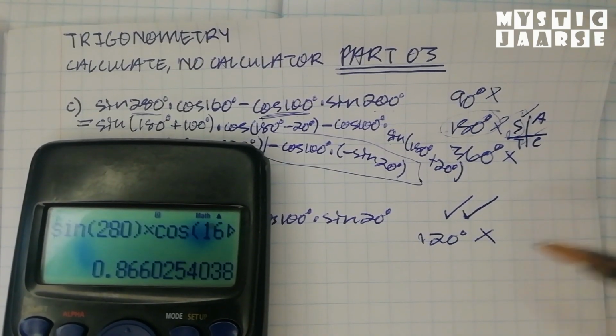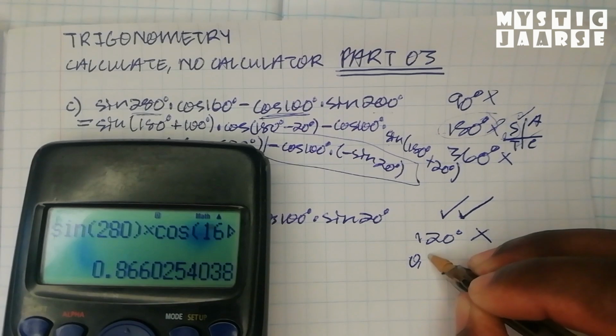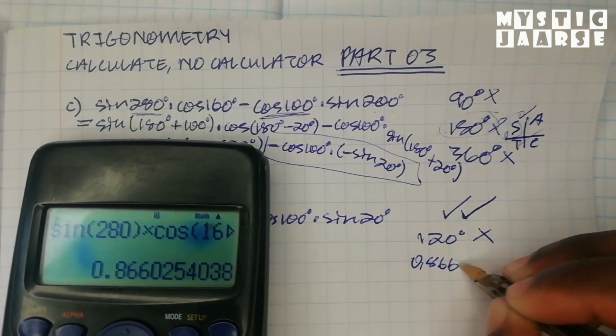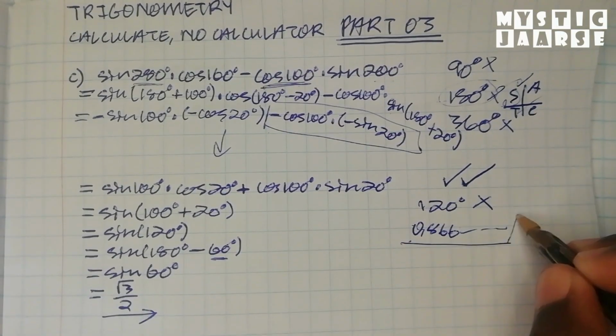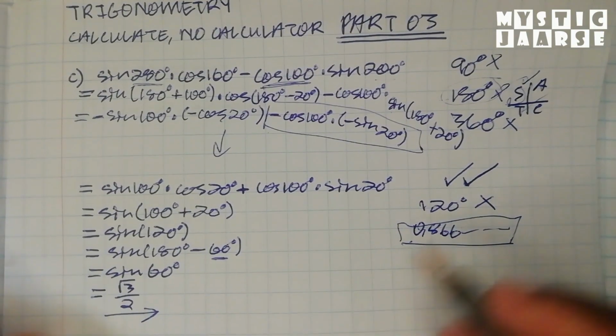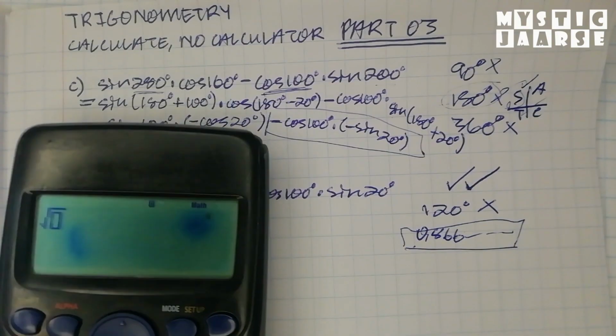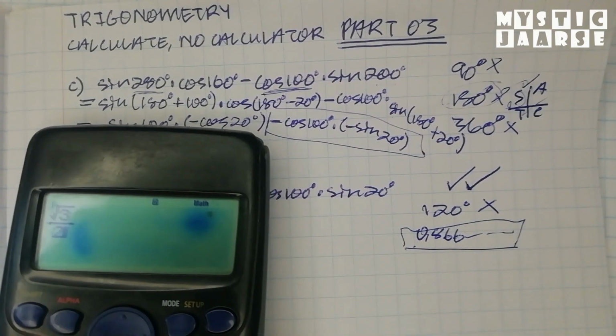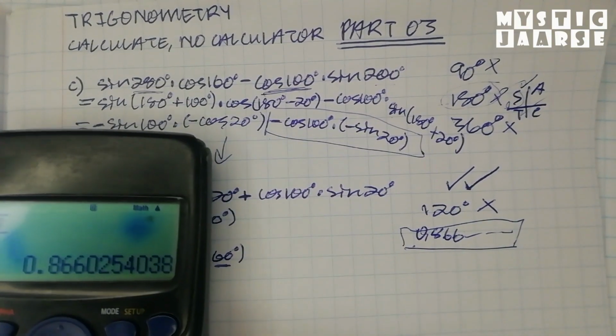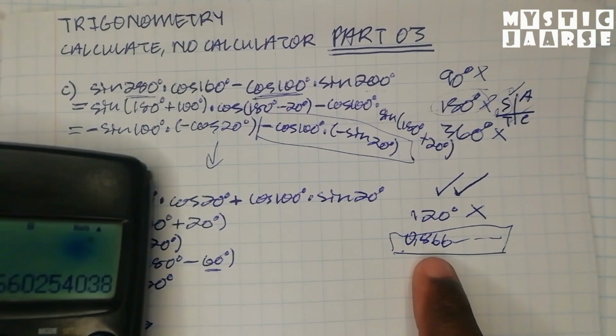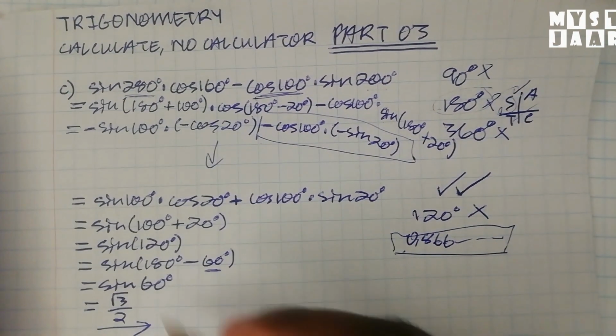The answer that we get is 0,866 and so on. You shouldn't panic when your final answer doesn't look like the answer that you used to check, because when you divide square root of 3 by 2, you get the same number. So yeah, this is correct.